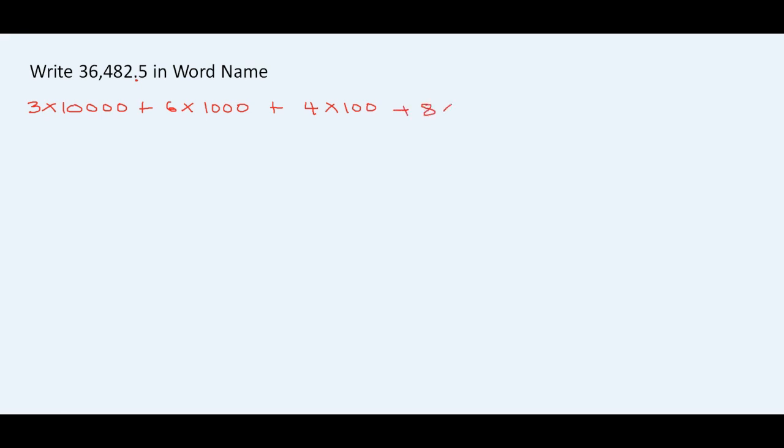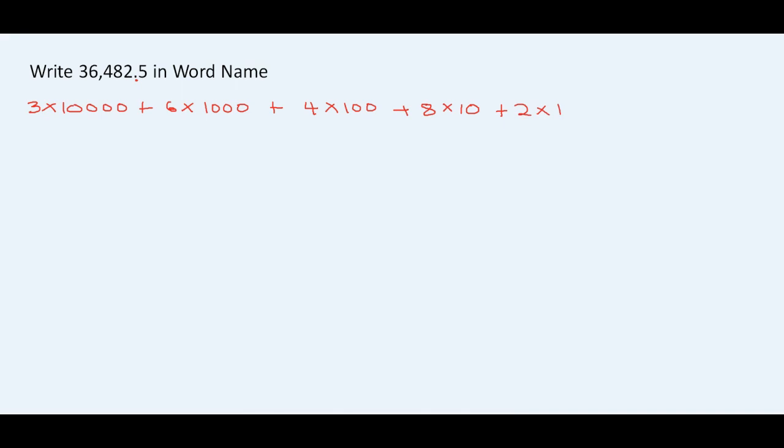Plus 8 times 1, 0, there's only one digit before the decimal. And 2 is the last digit before the decimal, so plus 2 times 1.